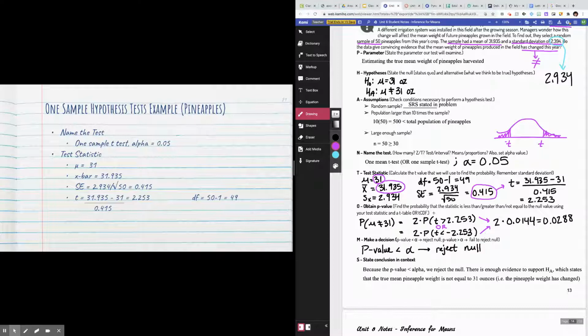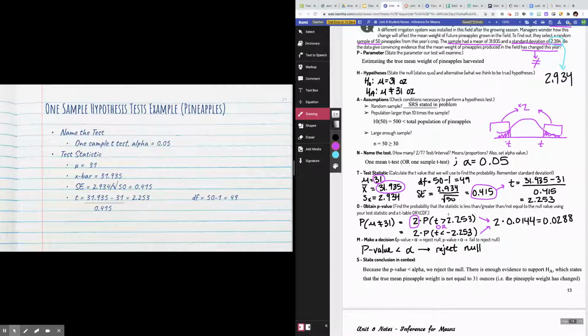And whichever one you find, you have to multiply it by 2, right? That's what this is, because this is a two-tailed test. If you only find, for example, this one area, the t is greater than 2.253, that's only this part. You have to also include this part. Okay, that's why you have to do whatever probability you find times 2.